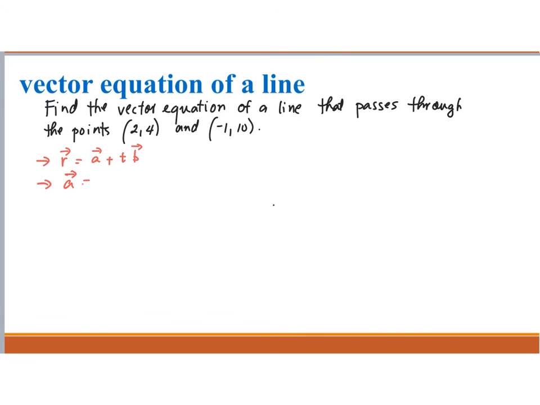It would be the position vector of 2, 4, which from the origin is 2 minus 0 is 2, 4 minus 0 is 4. Or if we use negative 1, 10, the position vector of that point from the origin is negative 1, 10.